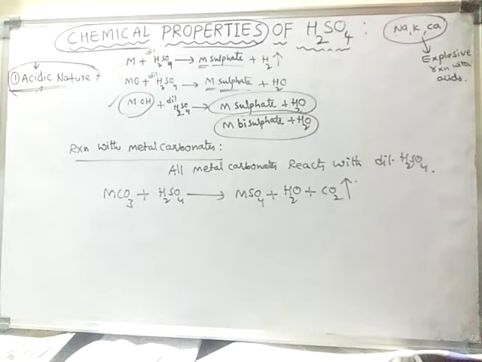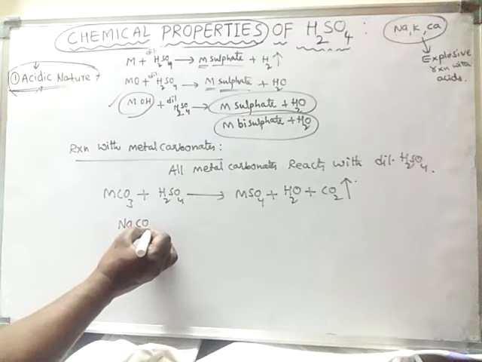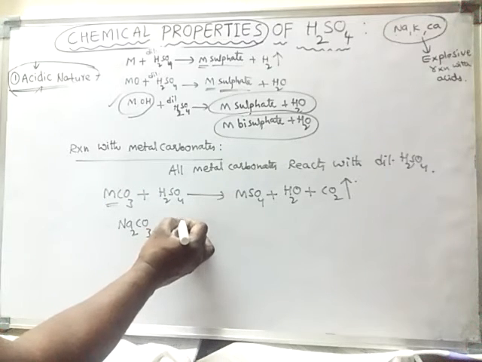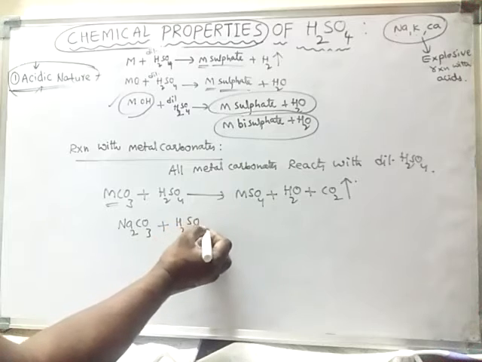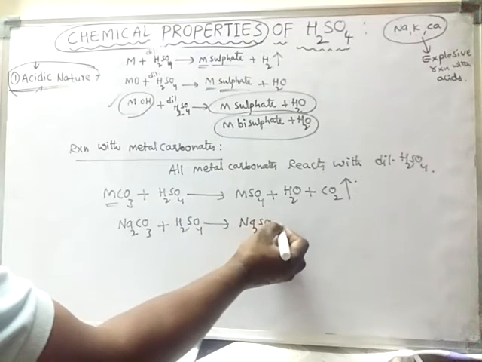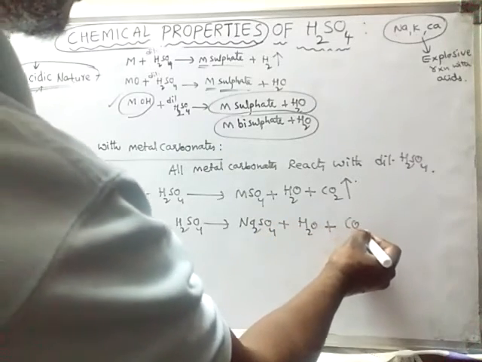For example, take any metal carbonate, say sodium carbonate, Na2CO3. Here M means metal. Sodium carbonate, when reacted with dilute sulfuric acid, forms sodium sulfate, water is formed, and carbon dioxide gas is liberated.